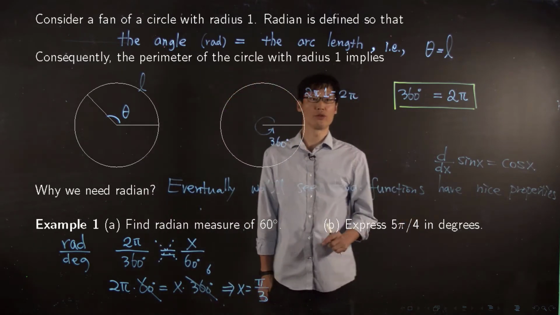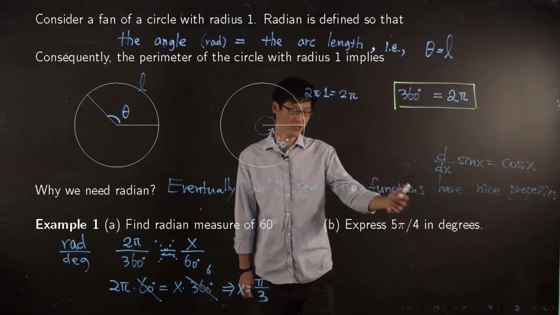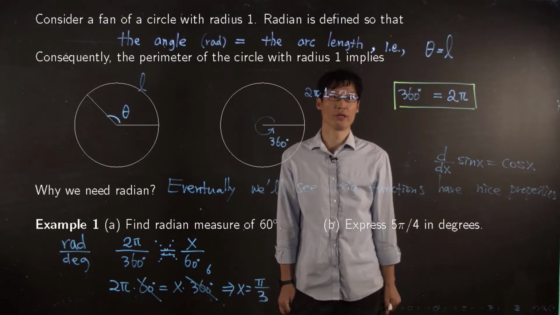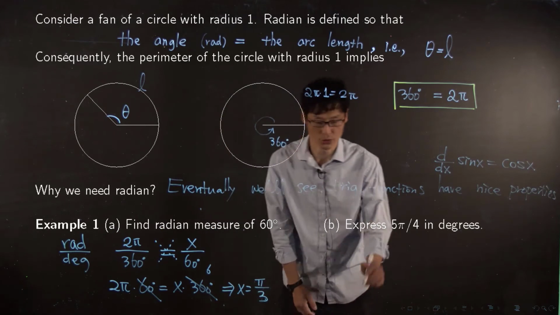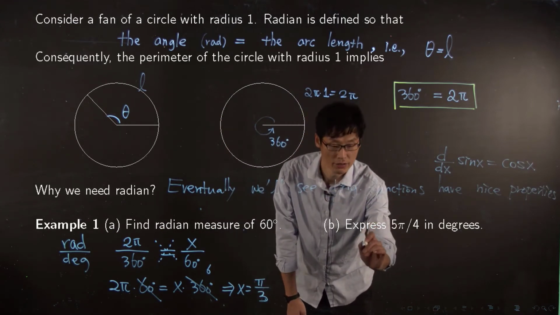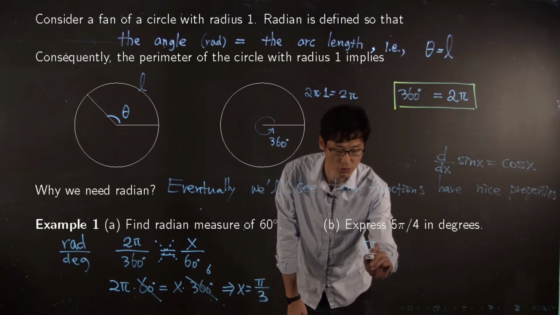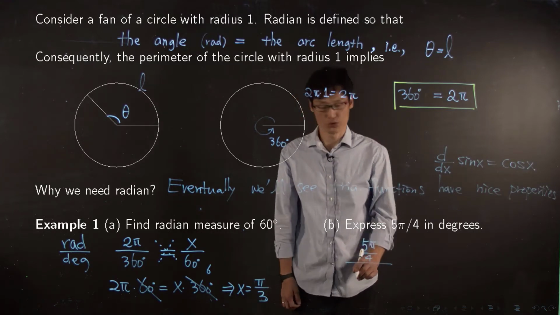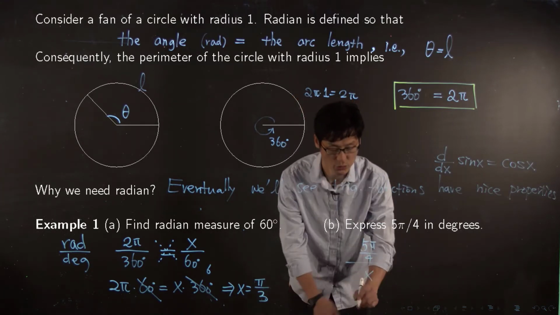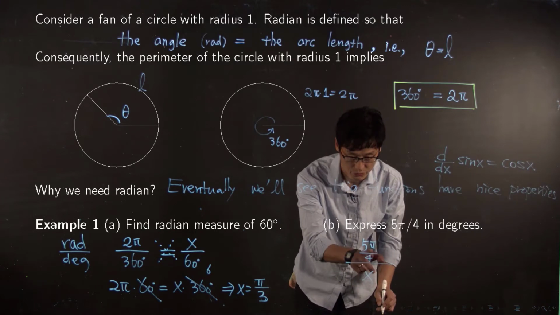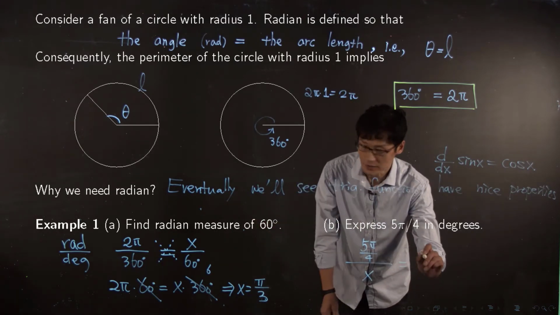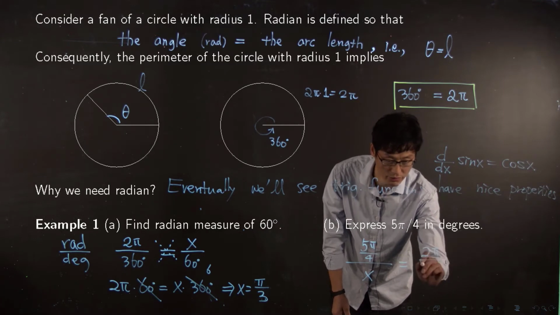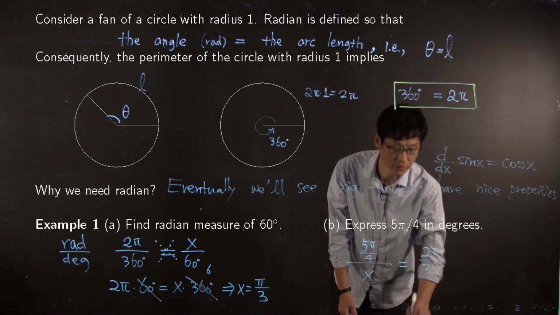Conversely, you can transform a radian measurement to degree. So take 5 pi over 4, the same ratio. Radian expression 5 pi over 4 compared to degree. So we are after the degree for this radian. And this has to be radian over degree.